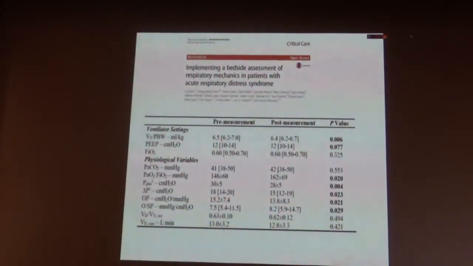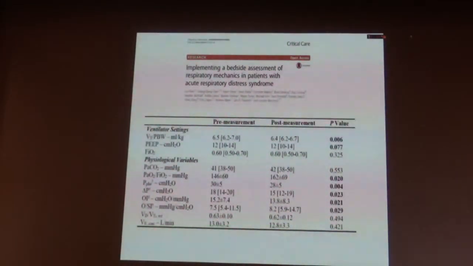So that was a very good surprise: we can offer better oxygenation to our patients with lower airway pressure just because we did the measurement and we assessed systematically the response to PEEP and the recruitability of each individual patient. So I have no data to show that it improves survival, but it really improved all the physiological parameters which are associated with a better survival.